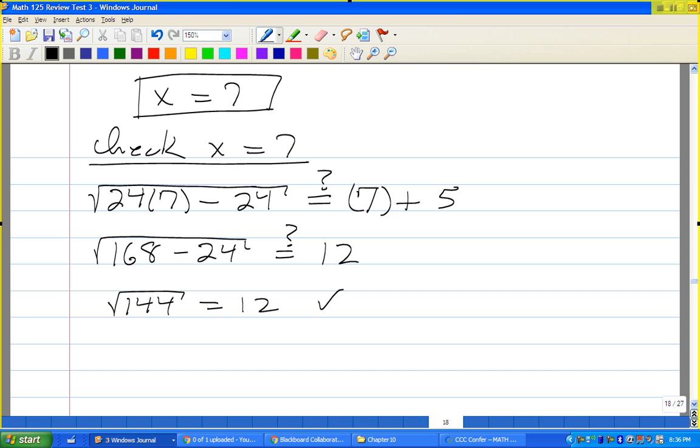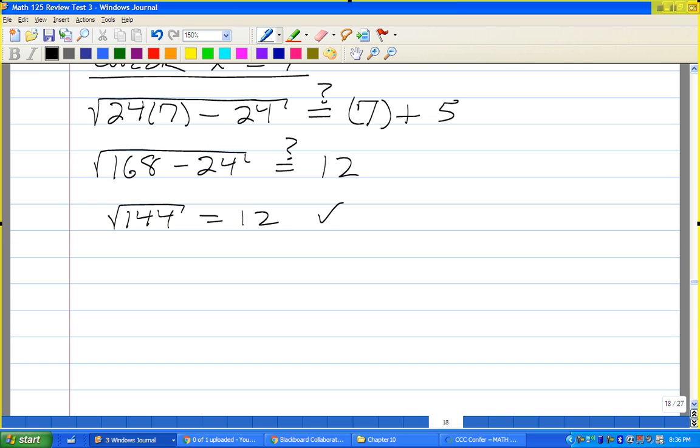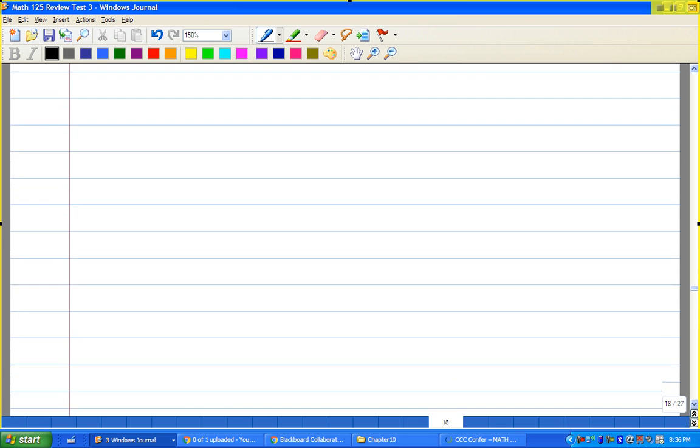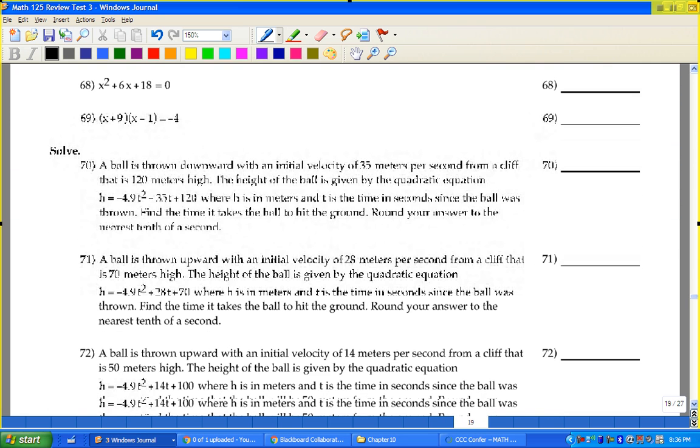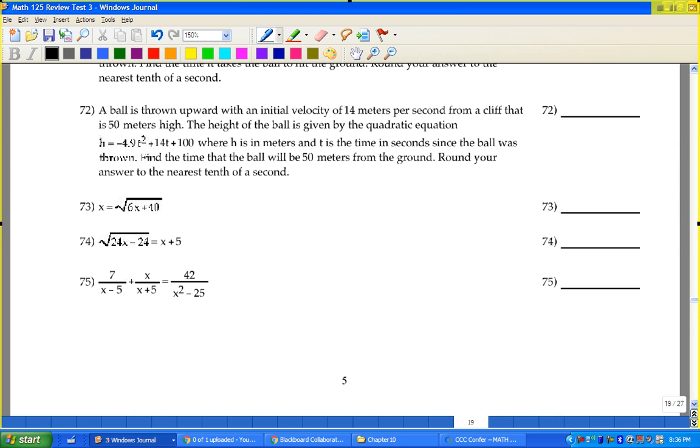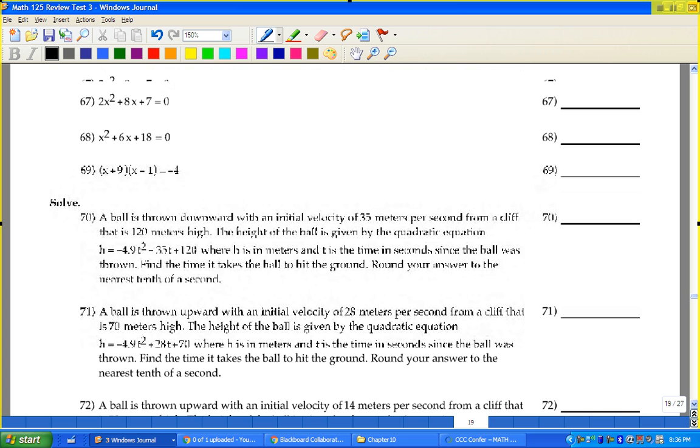And so, let me do problem number 75. Seven over x minus 5 plus x over x plus 5 equals 42 over x squared minus 25.